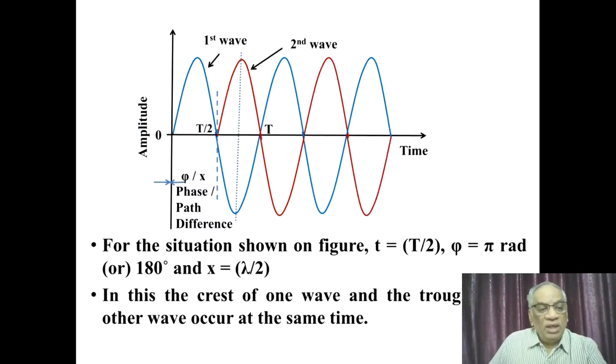Now consider another case in which the time gap is half the time period, T by 2. Hence the phase difference becomes pi radians or 180 degrees, and the path difference x becomes lambda by 2. In this case, the crest of one wave and the trough of the other wave occur at the same time.